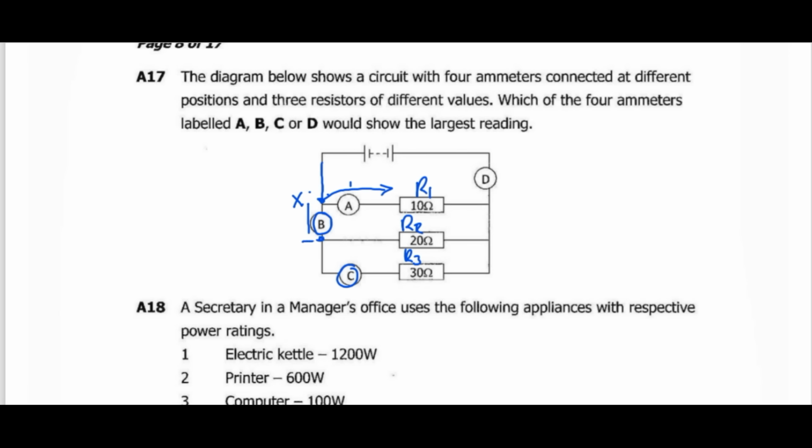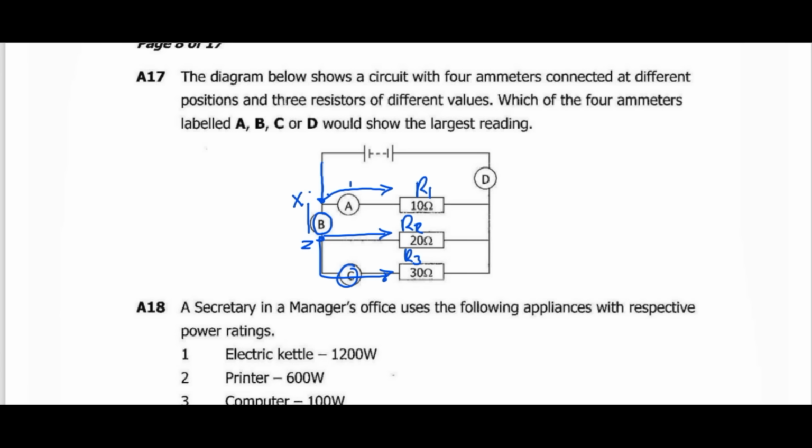If this is our junction Z, from the remainder of that current, another amount will move in this direction, then the remainder will move in this direction. So the movement of current to each resistor depends on the size of the resistor. The higher the resistor, the lower the current, because we know that these two are inversely related. So we can see that A is measuring only part, B is measuring only part, C is measuring only part.